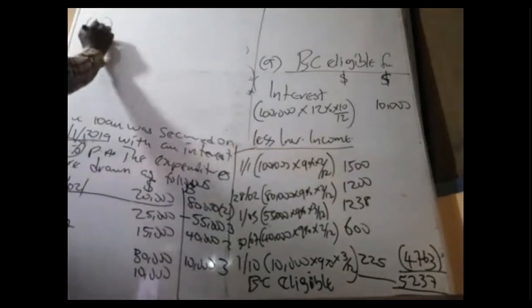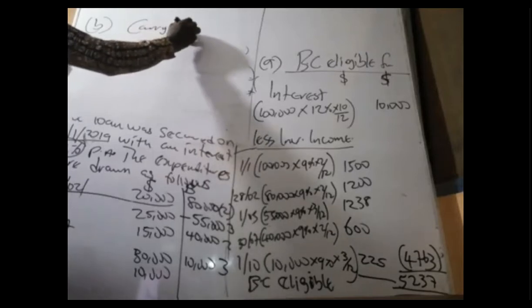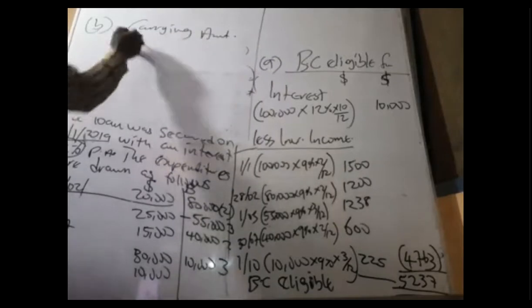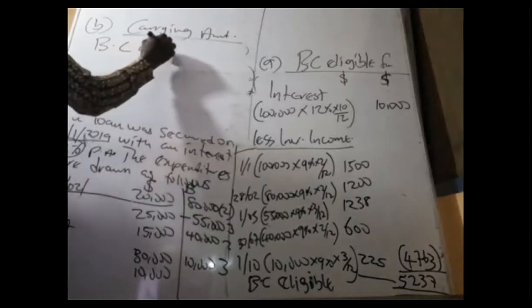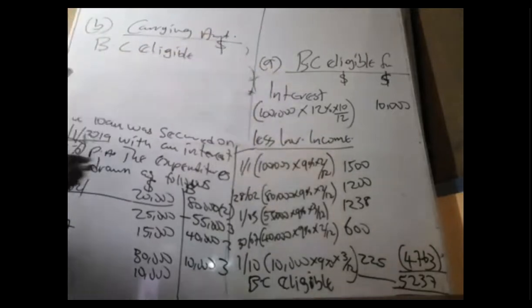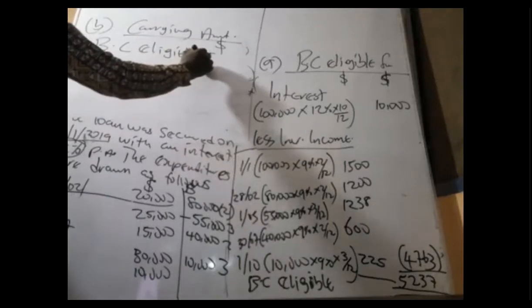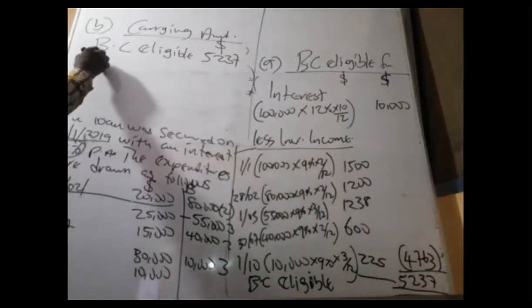So the B part, the current amount of the assets.